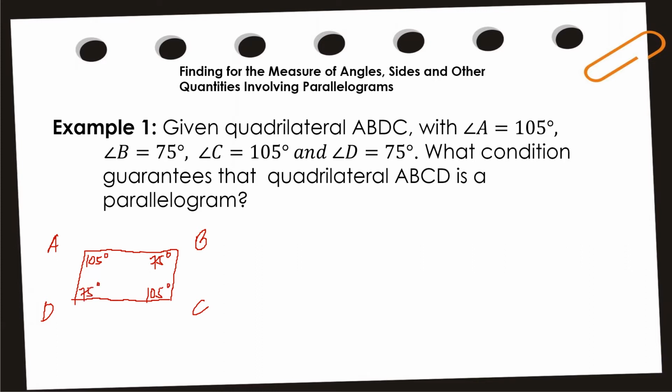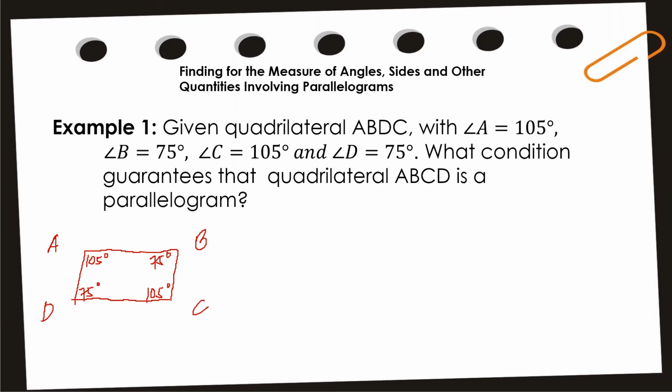Now the question is, what condition guarantees that quadrilateral ABCD is a parallelogram? We have learned that a quadrilateral is a parallelogram if opposite angles are congruent. As you can see, angle A and angle C are opposite angles.